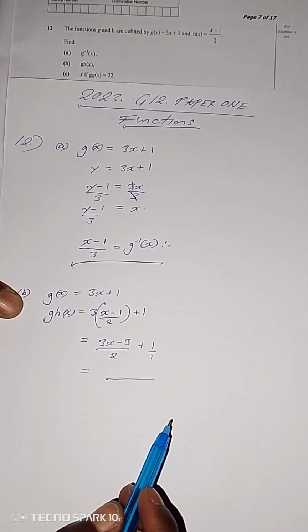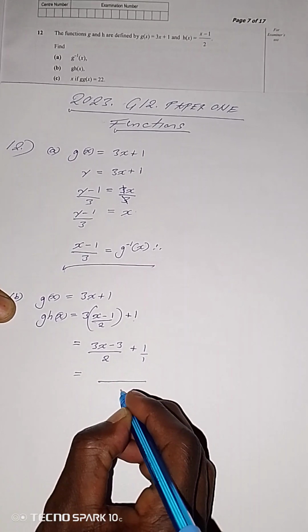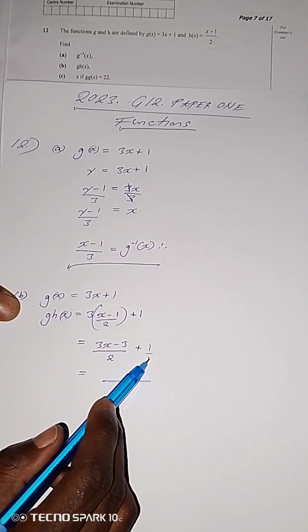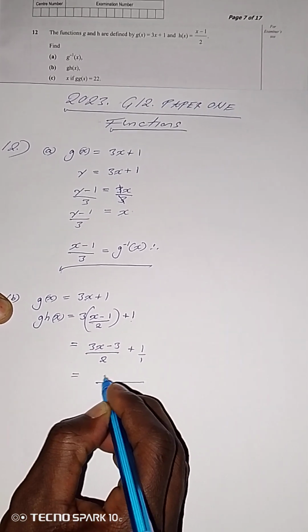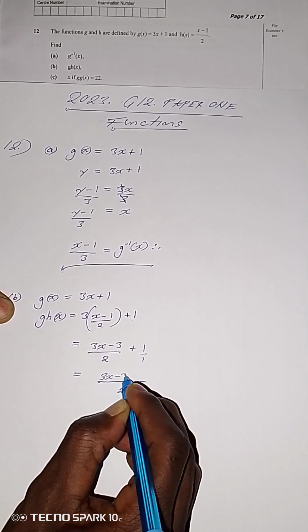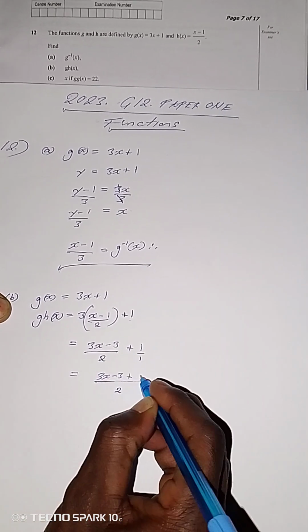So 2 times 1, you put 2 there, and then here it's 1 times 3x minus 3, which is 3x minus 3. 2 times 1 plus 2.